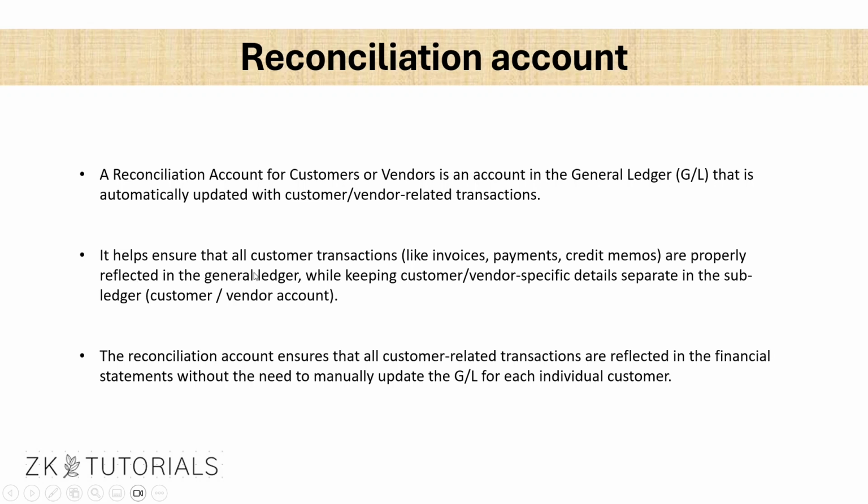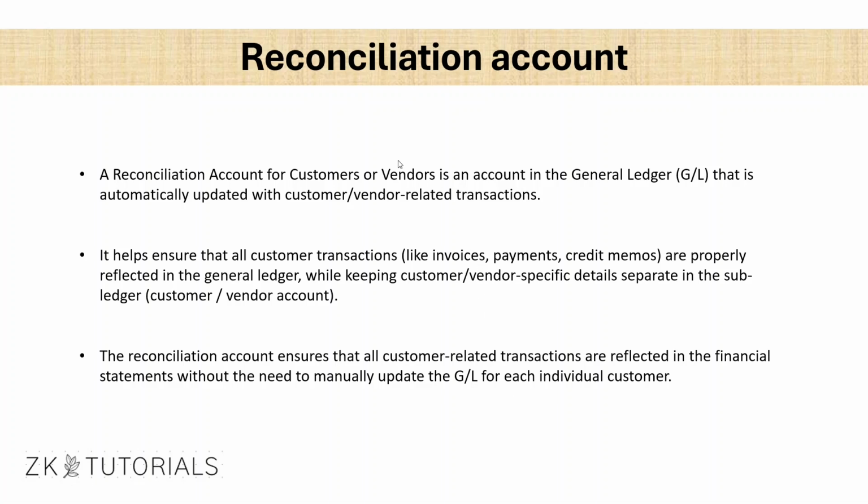It helps ensure that all customer transactions like invoices, payments and credit memos are properly reflected in the general ledger, while keeping customer or vendor specific details separate in the sub-ledger customer or vendor account. The reconciliation account ensures that all customer related transactions are reflected in the financial statements without the need to manually update the GL for each individual customer.